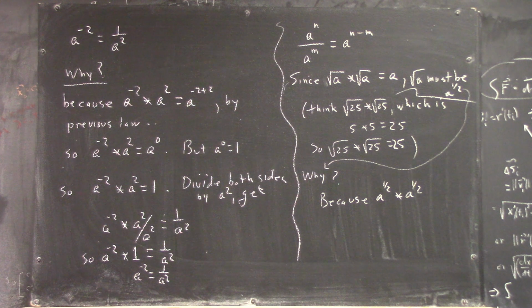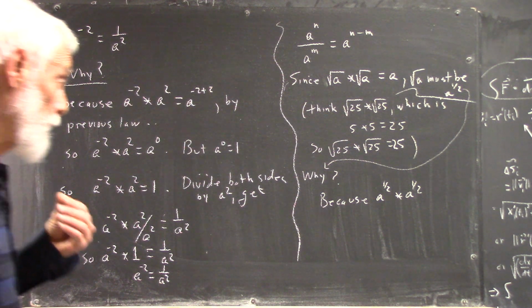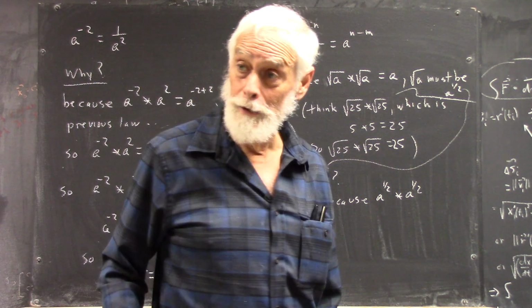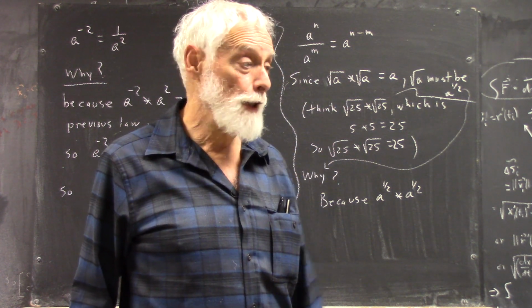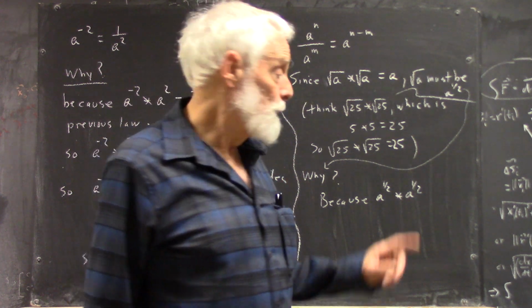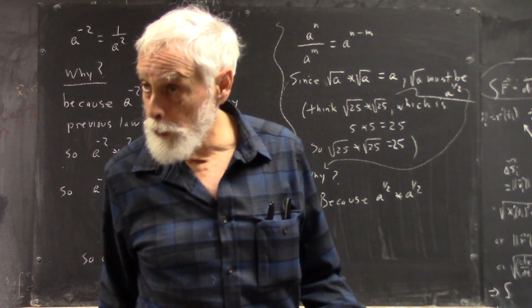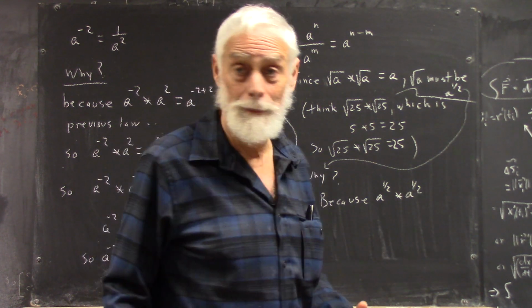Now, we just proved that for whole numbers, or counting numbers. We didn't really prove it for other kinds of numbers like fractions, or even irrational numbers. We're not going to get that technical. But the same rule applies here as applies to a squared times a cubed. You add the exponents.